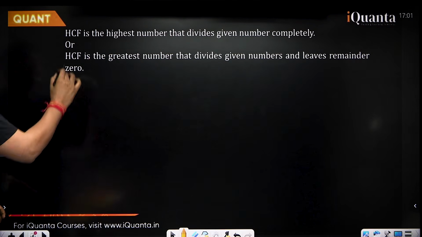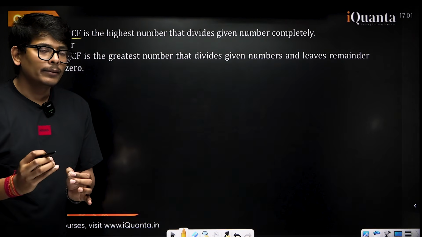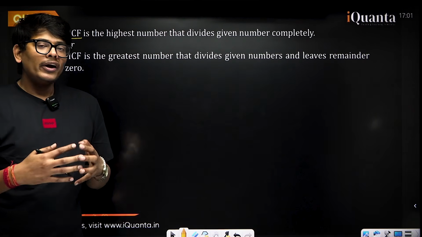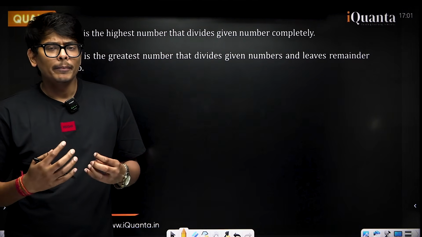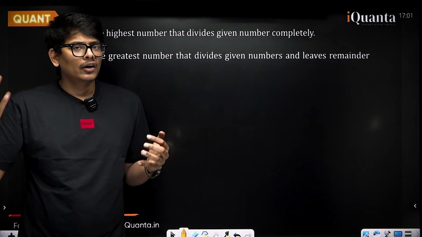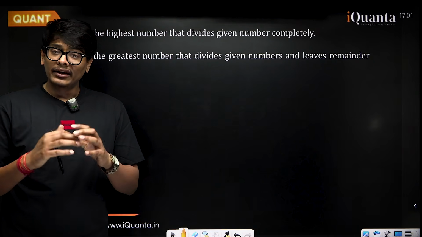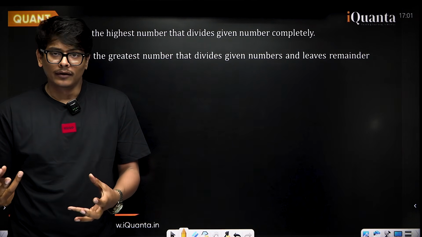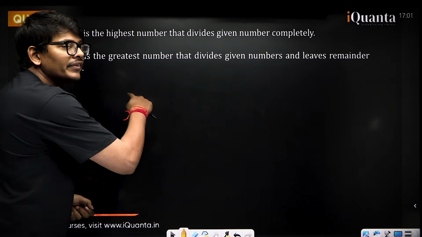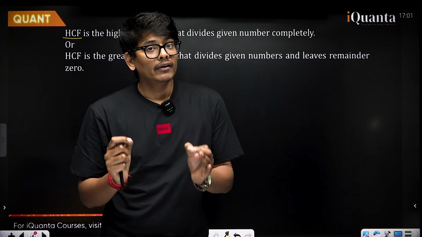Now what is HCF? I have already told you it is the highest number that divides the given numbers completely. Now when it comes to remainder, whenever you divide one number by another, if it is divisible, you get remainder 0. But if it is not divisible, you get some remainder, right? Since HCF divides the given numbers completely, my remainder will be 0.